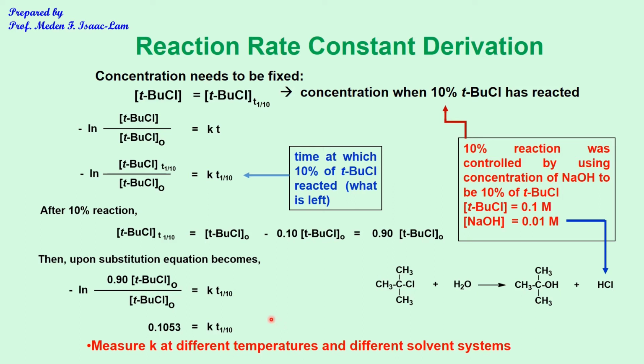So there are 3 times at 60% water, 70% water, 80% water. So this time at 10% reaction is the observed or the experimental time in the experiment. We can now calculate K, which is equal to 0.1053 over the time observed.